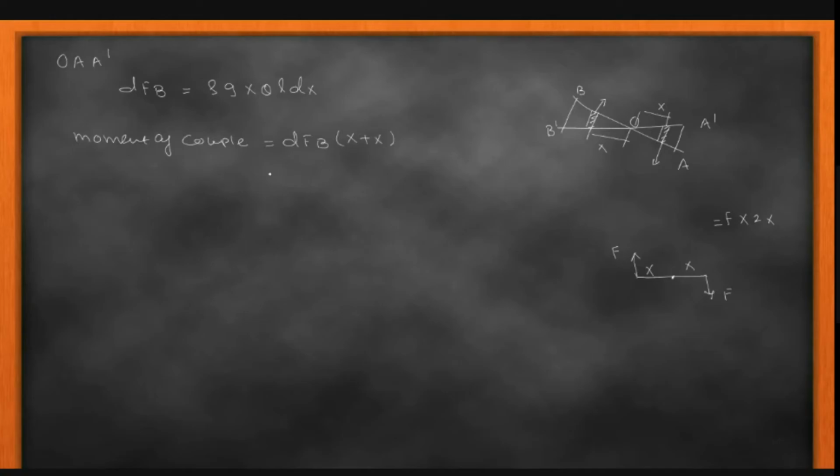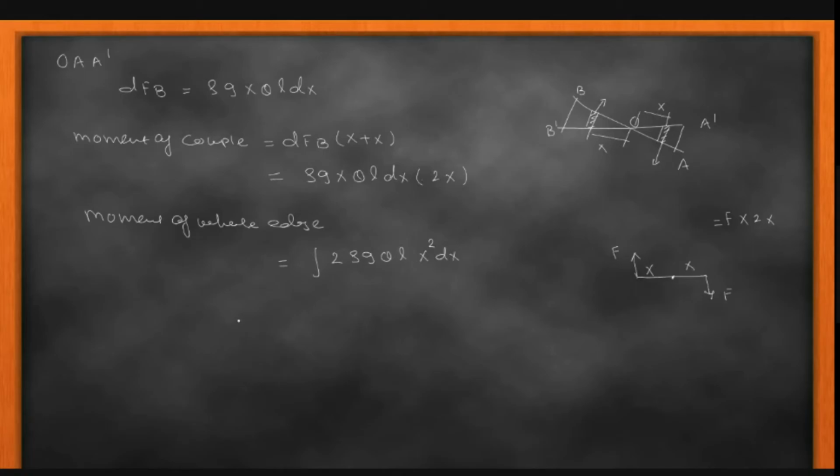So we get rho g x theta L dx into 2x. That is the moment of the couple of the strips. If we want to calculate the total moment, then we need to integrate this. So it is 2 rho g theta L into x square into dx.